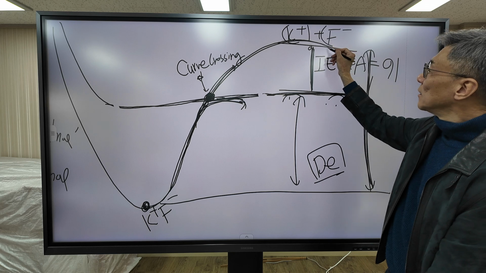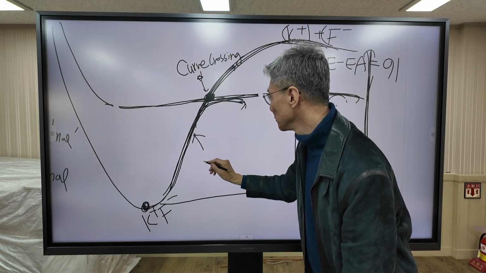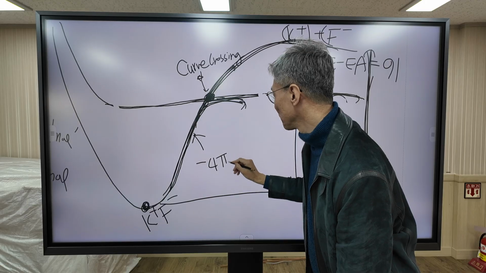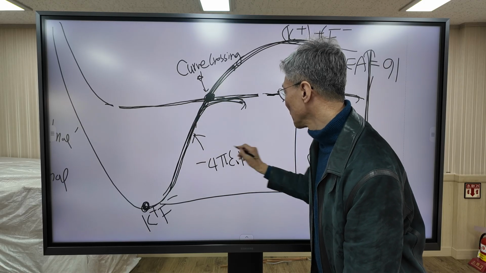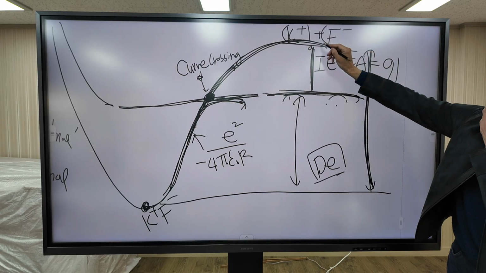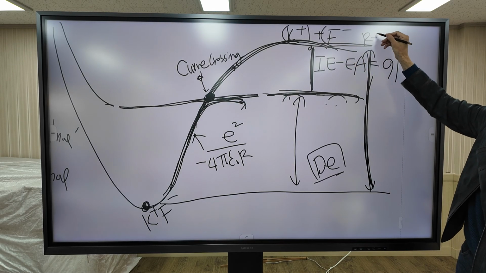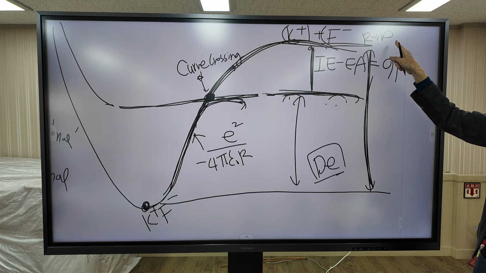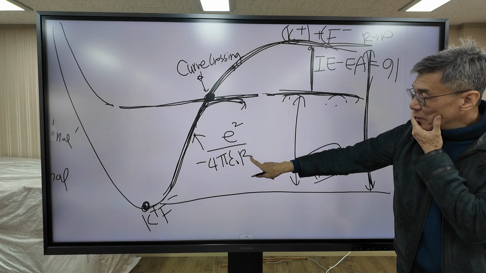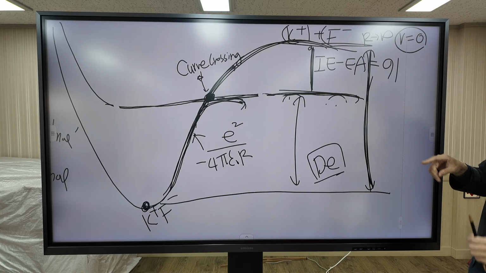As I said before, this potential energy curve is approximately equal to this one, right? Now, what is the energy of this one? This one is equal to R equal infinity. When R equal infinity, the potential energy is 0, right?